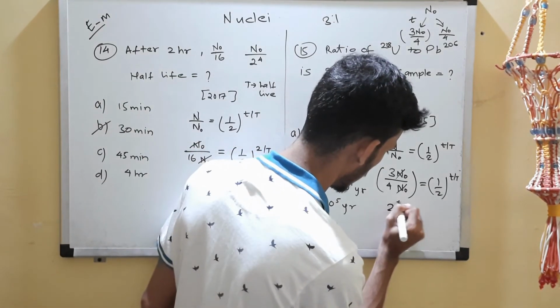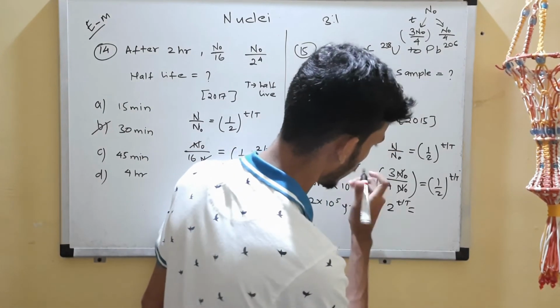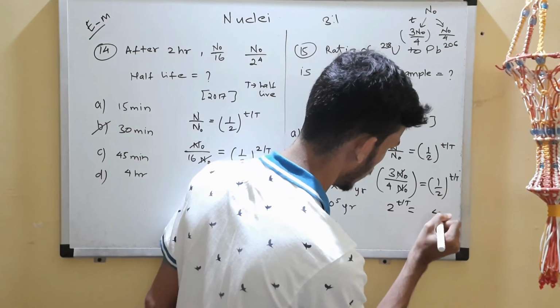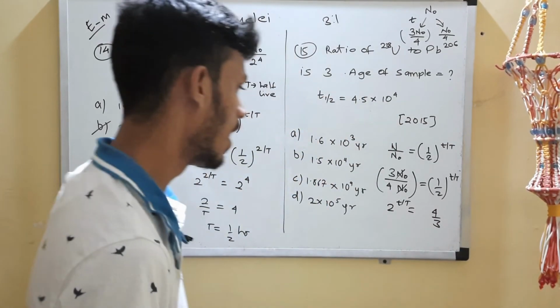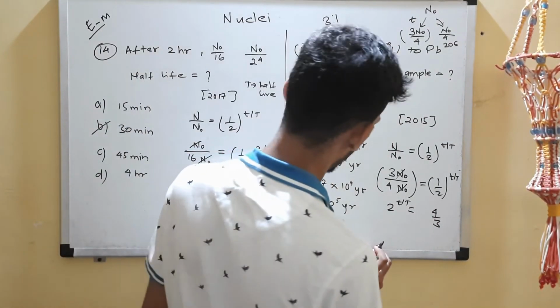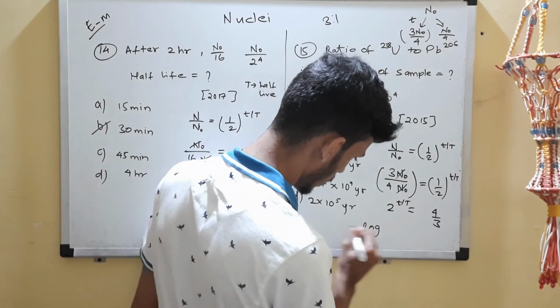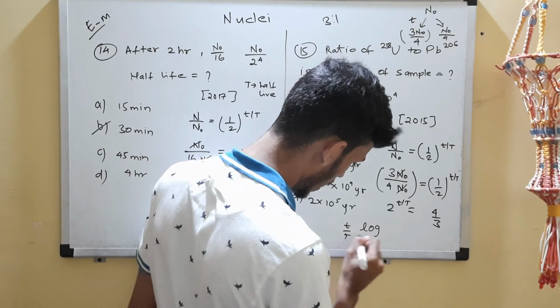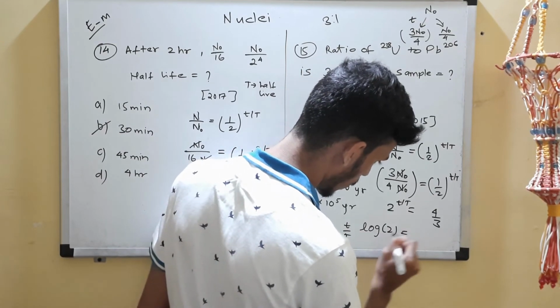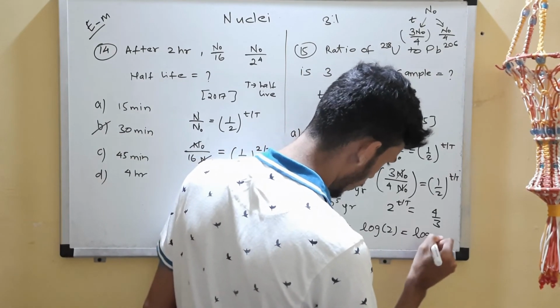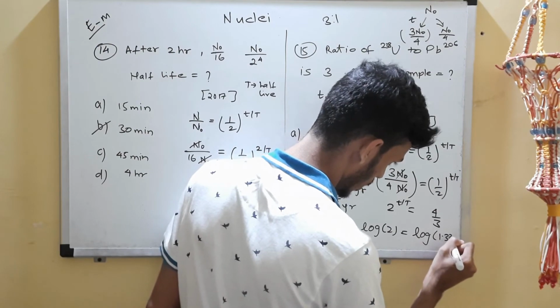We can write it this way. I'll just cross multiply, 4 by 3. And we can take log on both sides. Here you'll get t by T times log 2, and here you'll get log 4 by 3, which is 1.33.